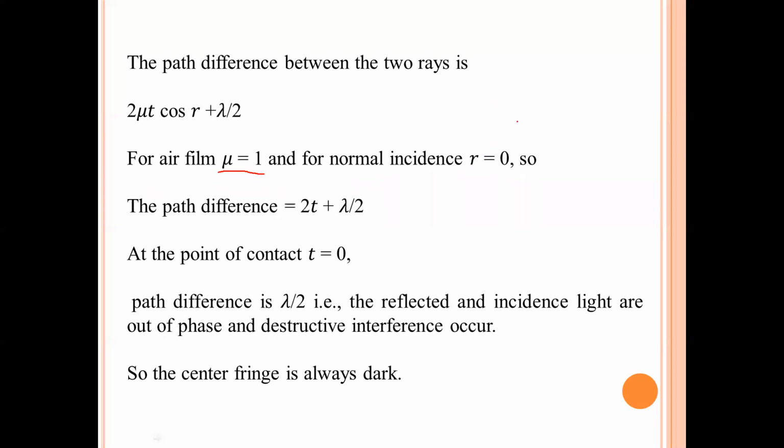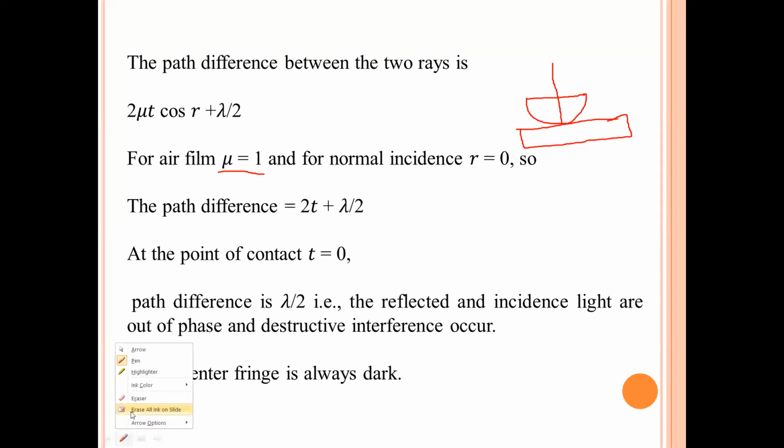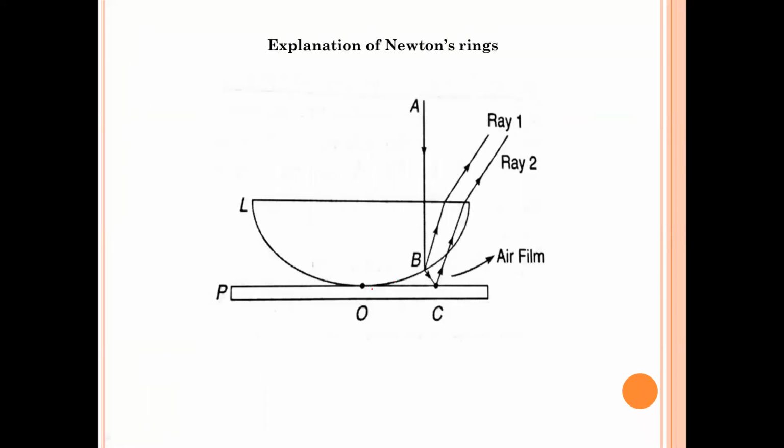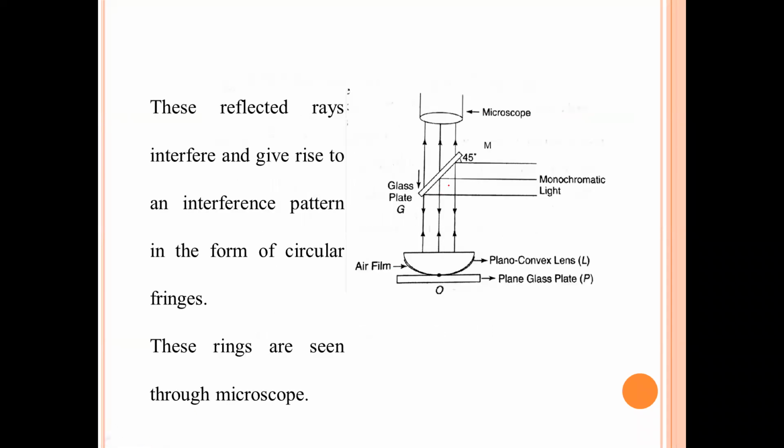And also, in the experiment, the light ray is incident normally. When you observe the figure, this is the incident ray direction, and this is the reflected direction. It is clear that angle i is equal to angle r, which is equivalent to 0.